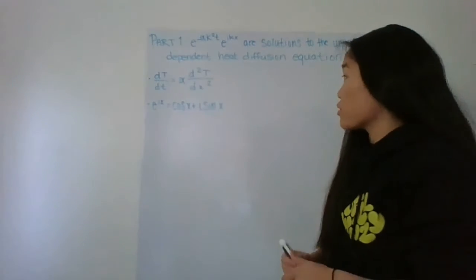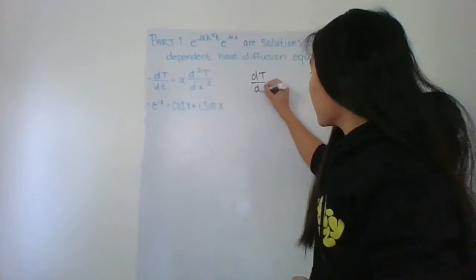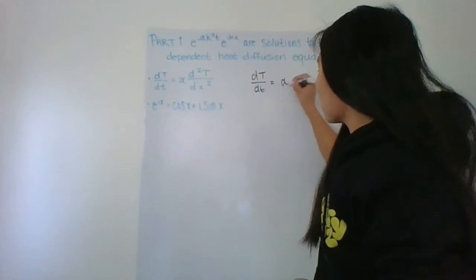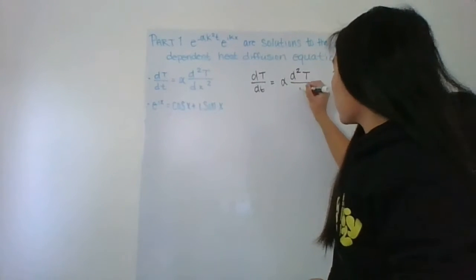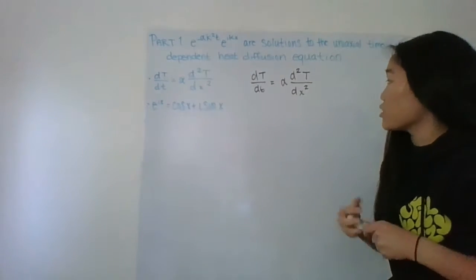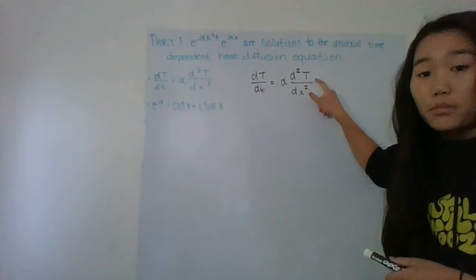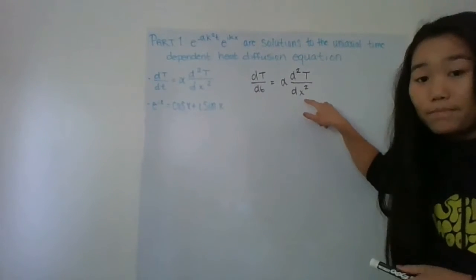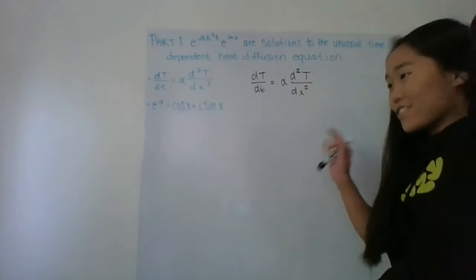And so we first write the partial differential equation for time-dependent heat diffusion in a uniaxial material with no heat generation. So we have the derivative of temperature with respect to time is equal to the thermal diffusivity times the second derivative of temperature with respect to position. And this is our heat diffusion equation.